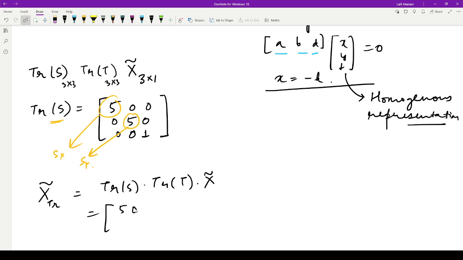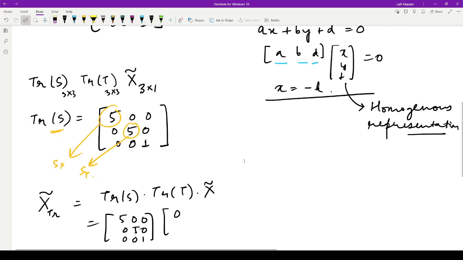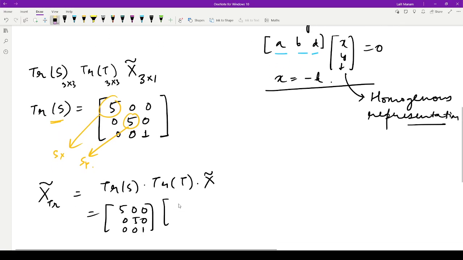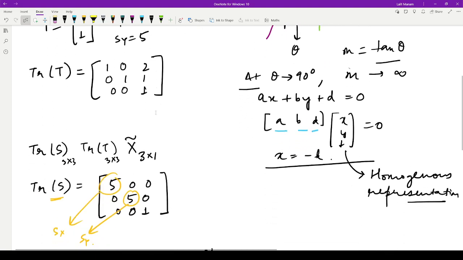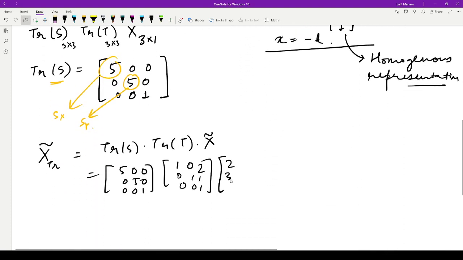So if you replace just the values out there, and our original point was 2 3 1. So yeah, this is the final answer. Once you multiply, you'll get it.